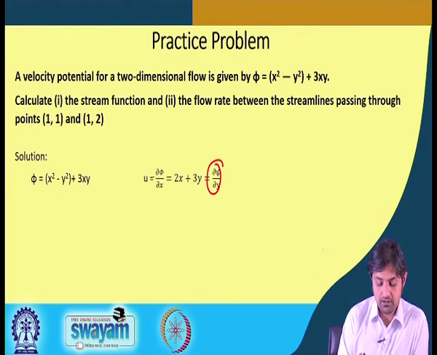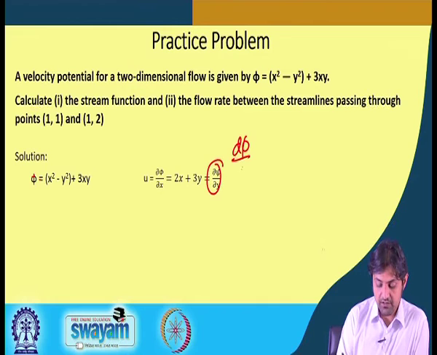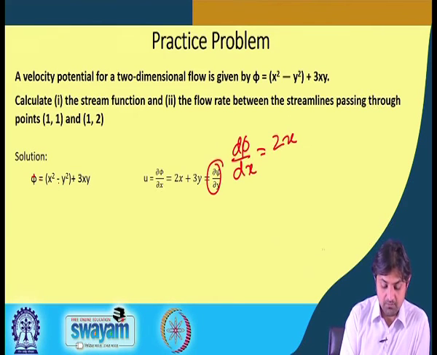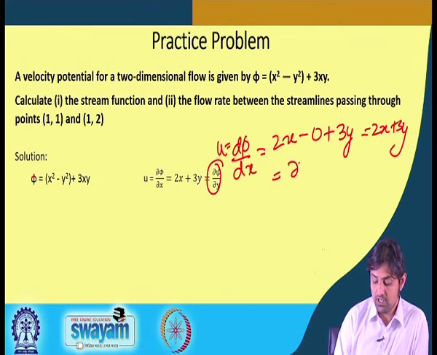So del phi by del x is equal to 2x minus 0 plus 3y, that is 2x plus 3y, and this del phi by del x, or u, is also equal to del psi by del y.